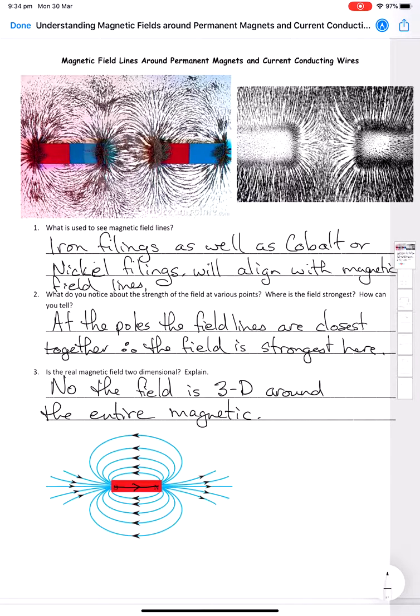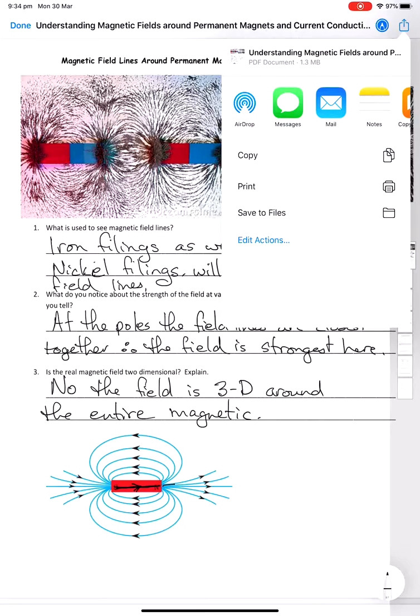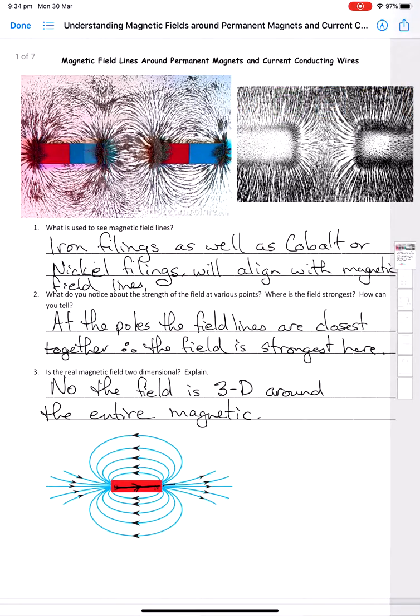So field lines always exit the north and enter the south. And the only way you could get the field exiting the north is if the field ran south to north inside the magnet.